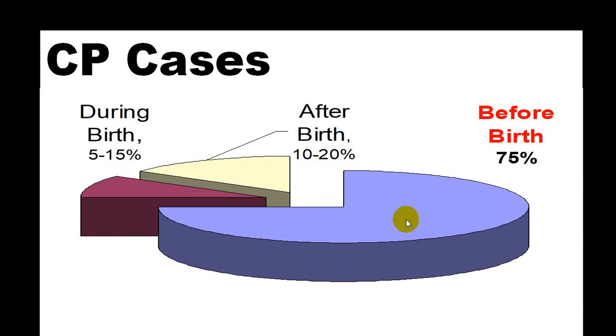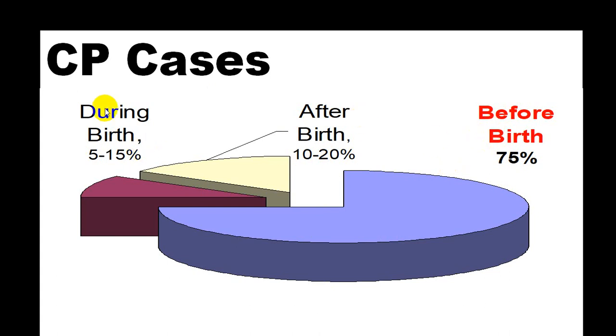If you look at this particular chart, you can see before birth, almost 75% of the group. During birth, 5 to 15%, and after birth, 10 to 20%. So we can say almost 75%, that is three-fourths of the group, is antenatal.